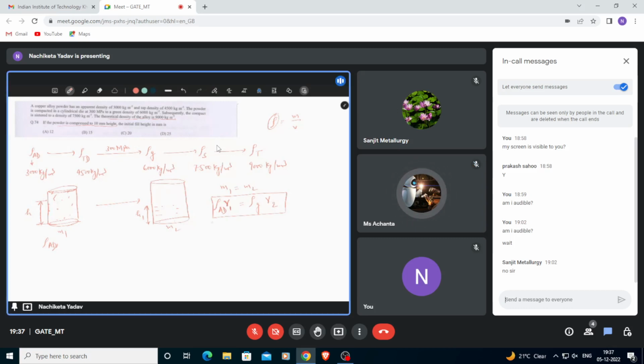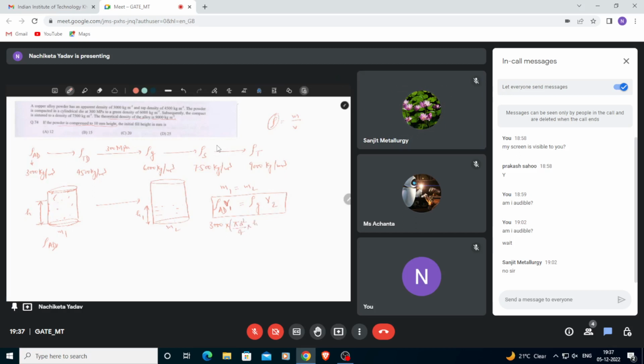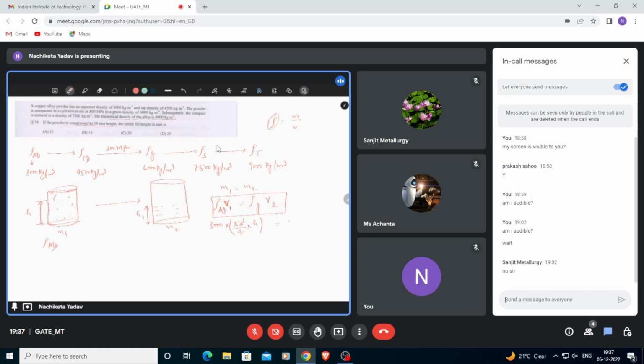And it is given like 3000, and the volume of powder. So what will be the volume if we assume cylindrical form? Pi d square by 4 into height. The height is h1 and rho g is 6000, it is given.